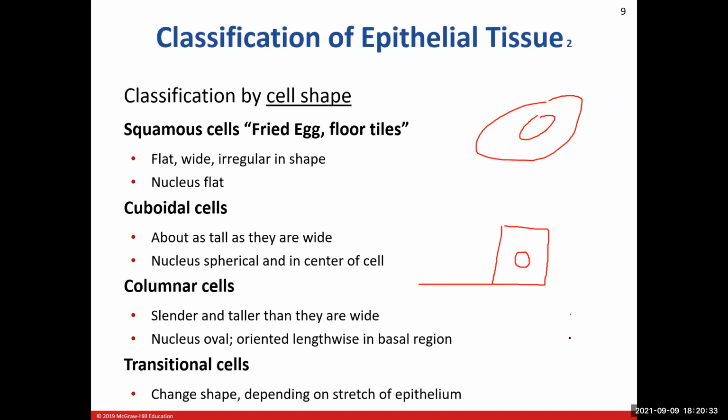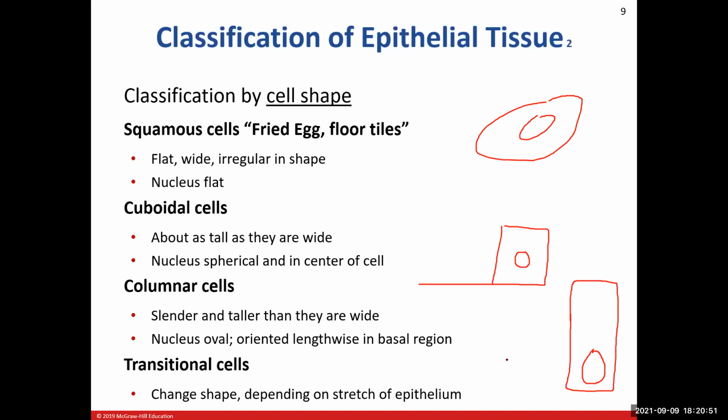And then we have our columnar cells. Those are the cells that are taller than they are wide. And the nucleus will be found at the basal or bottom portion of the cell, and it'll be oval shaped. And then the final type of cell shape is the transitional cells.